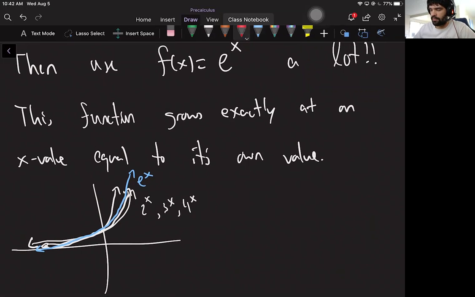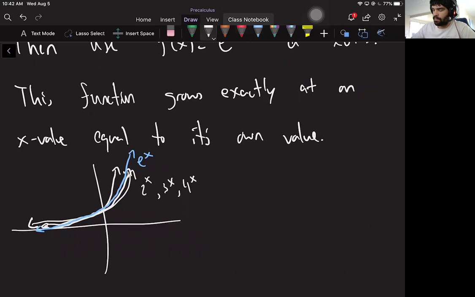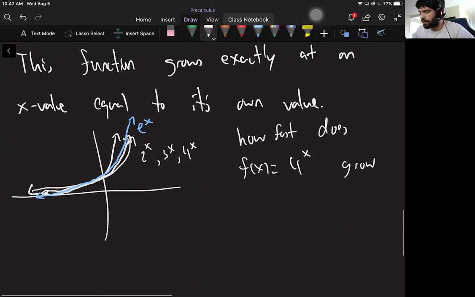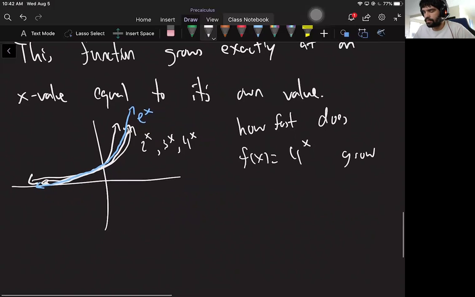So the idea is something like, if you want to know how fast does this guy grow, well, we learned about this thing called average rate of change a long time ago. So you'd have to do its average rate of change, where you do the y value minus the y value over the x value minus the x value. And you would get something, but you would not get exactly its own value.